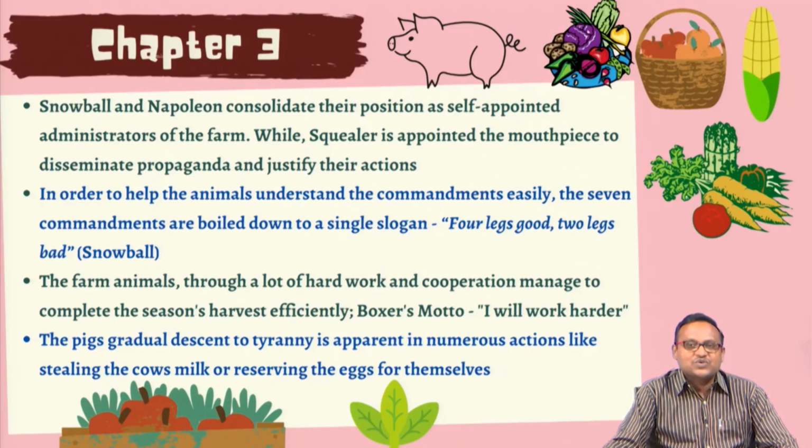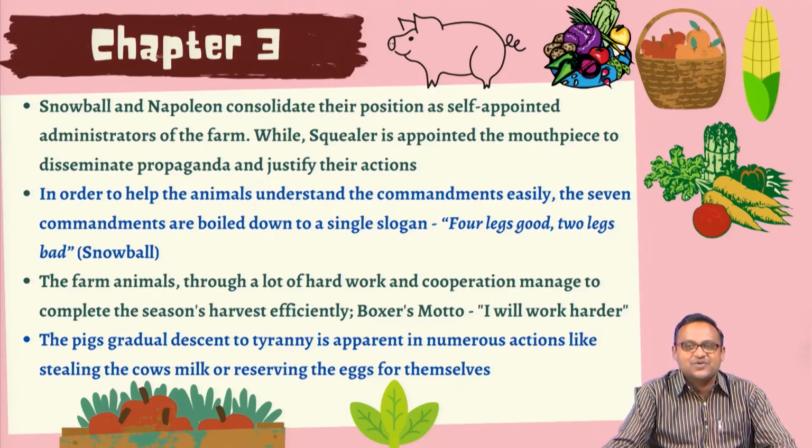Chapter 3 is also very, very important, because now that they have taken over the farm, it falls under their responsibility. How will they eat, and how will they function? Now, pigs, because of their ability to read and write, in fact, in the 2nd chapter, pigs have begun picking up reading and writing a bit faster than other animals.